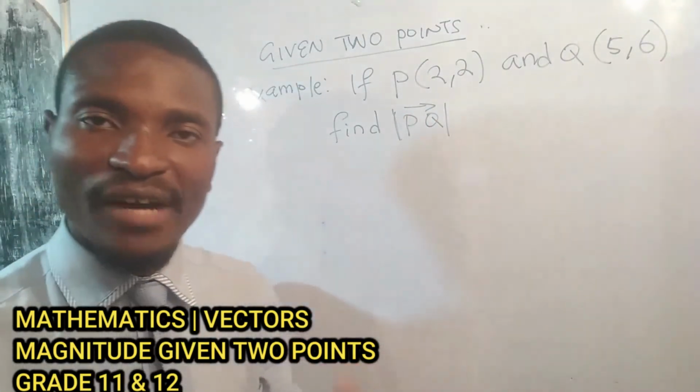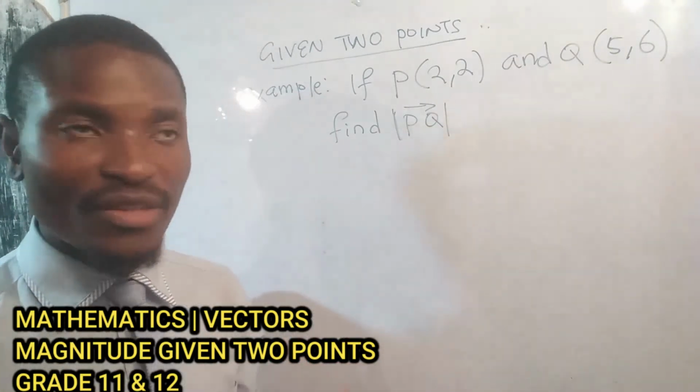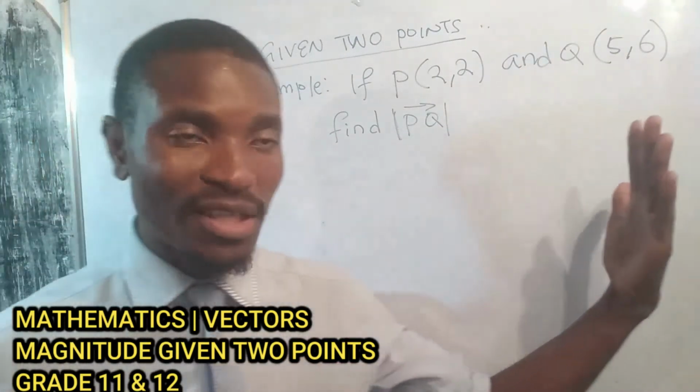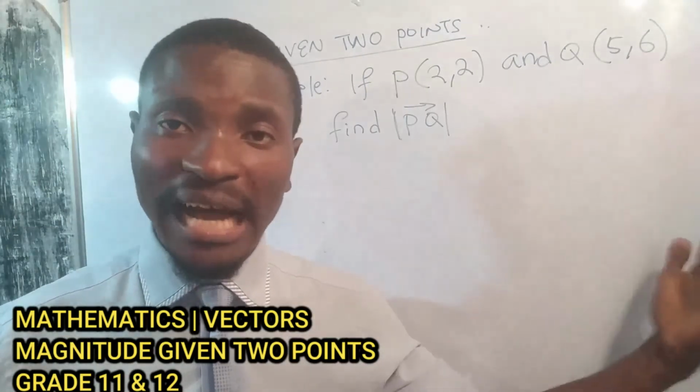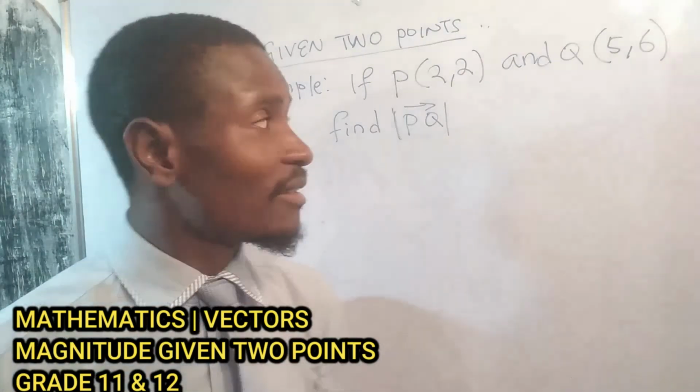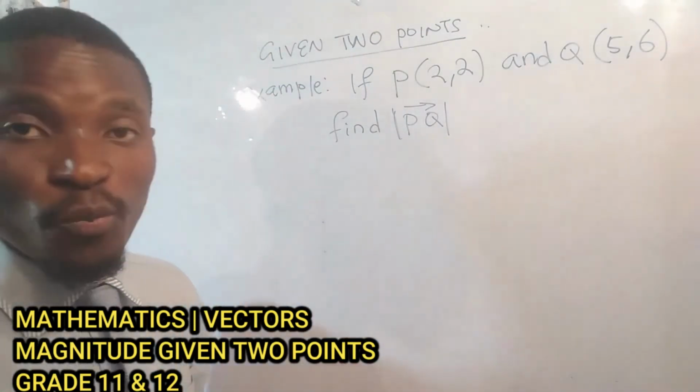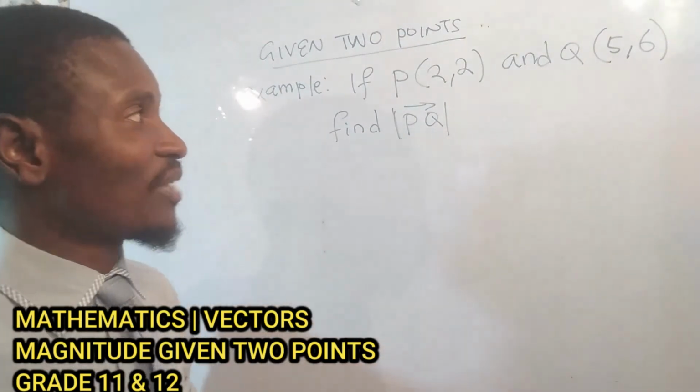We are just saying find the magnitude, the distance between Q and P, given two points. Let's see how we can do that.